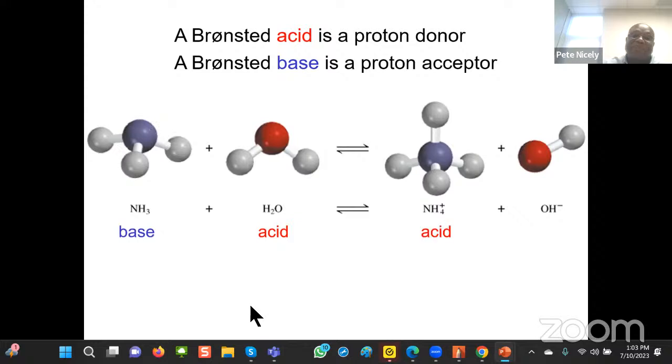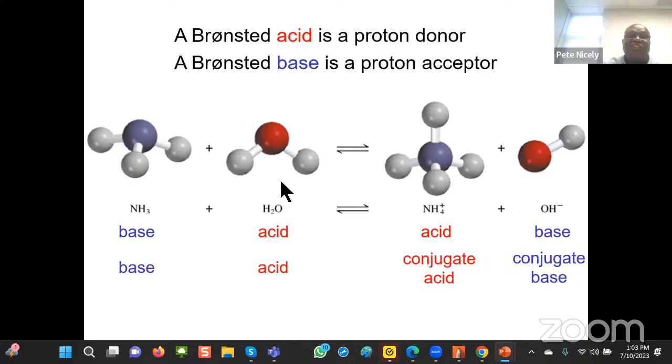And you're going to end up with what we call a conjugate acid, and the hydroxide would be the conjugate base, right? So basically, a conjugate acid is what is formed when a base accepts a proton, and the conjugate base is formed when an acid loses a proton, all right? So that's basically according to the Bronsted definition, all right?